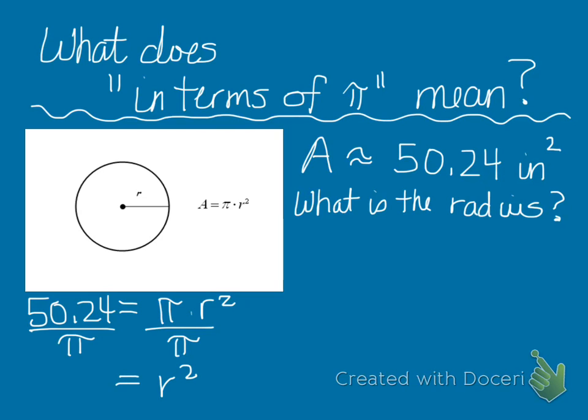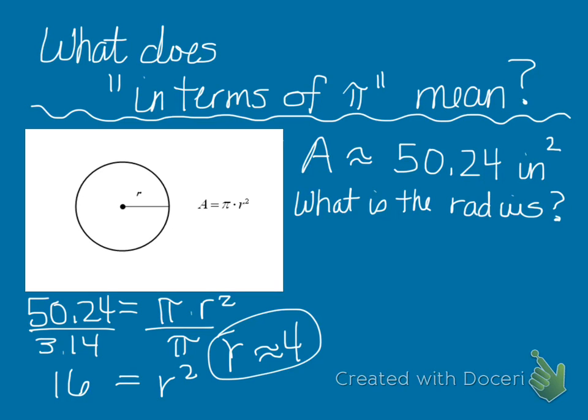So r times r is equal to 50.24 divided by pi. Let me find out what that is. And so if I approximate pi with 3.14, let's put that in. This comes out to 16 because that's what I used for it. So you can see that r is approximately 4 if it's approximately that, right? So we could tell that.